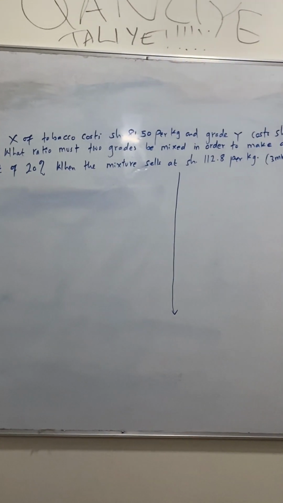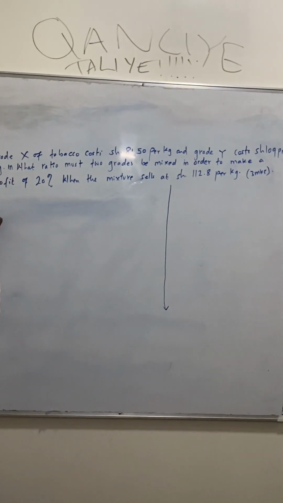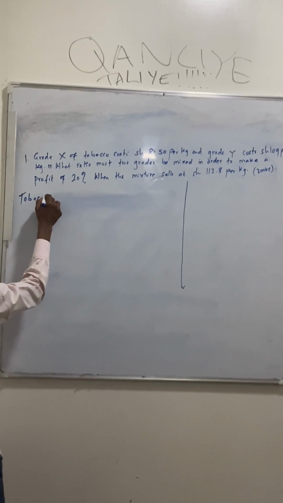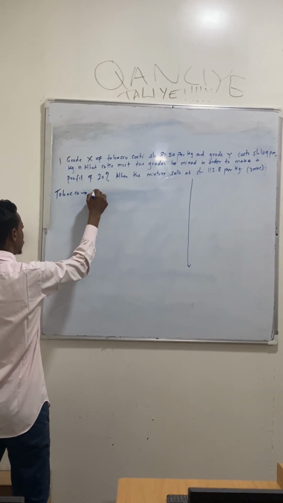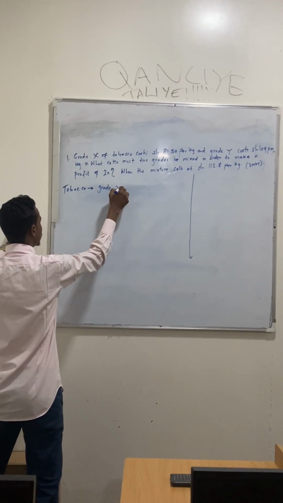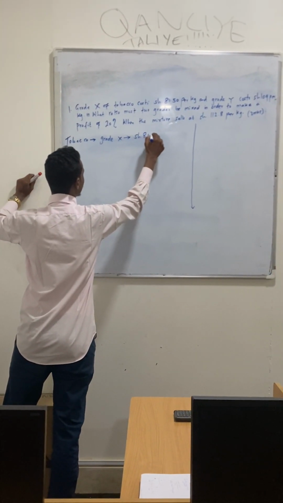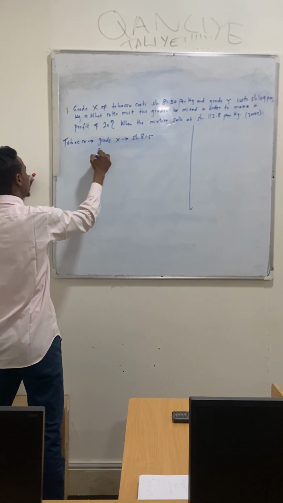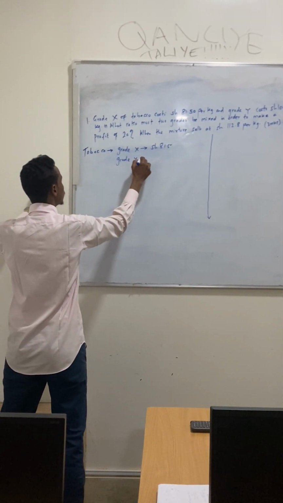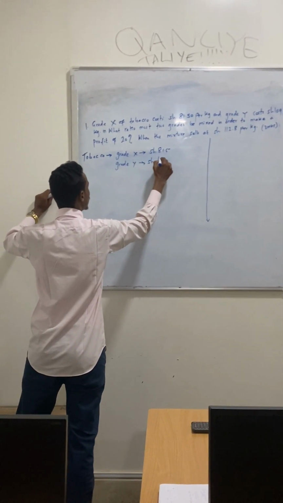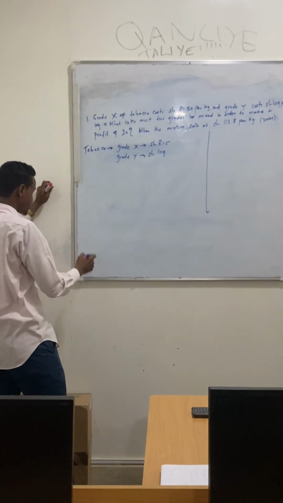Now, what you know is that we have tobacco. You have two grades. You have grade X costing shillings 81.5 per kg. You have grade Y costing shillings 109 per kg.